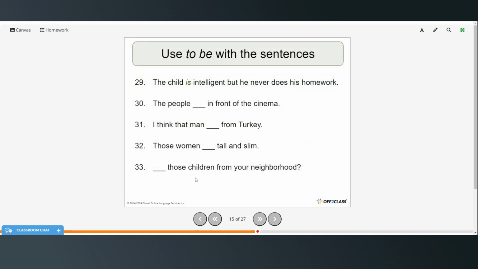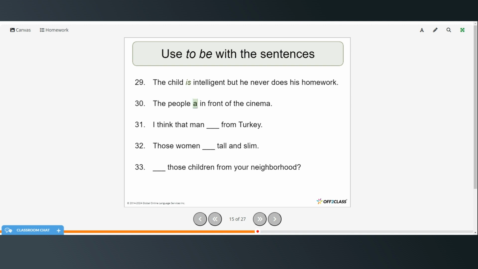Okay, so now you're going to use a form of to be with these sentences. Here we have the child is intelligent, but he never does his homework. Child is singular. Child would be a he or a she, so that's why we use is. Now try the rest of them on your own, and then restart when you're ready to check the answers.